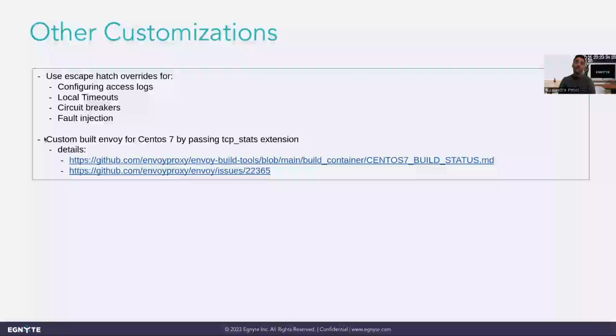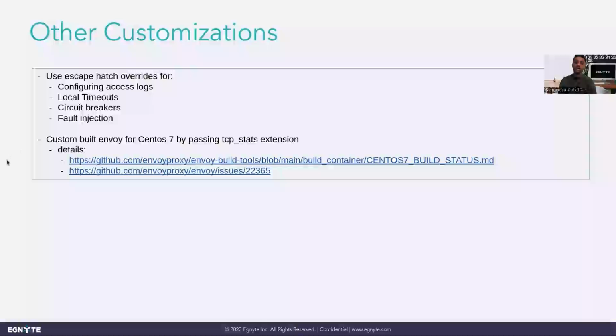Apart from that, one thing which we wanted to highlight was we have our own custom build for Envoy for CentOS 7. Since we are using CentOS 7 in our infrastructure, and due to glibc being on an older version on CentOS 7, the latest versions of Envoy are not compatible with it.